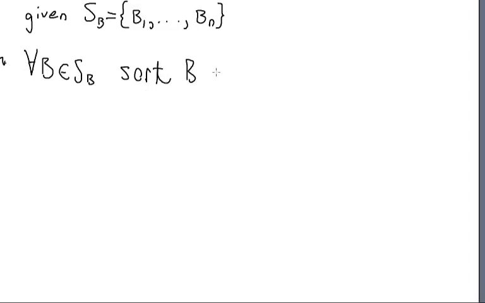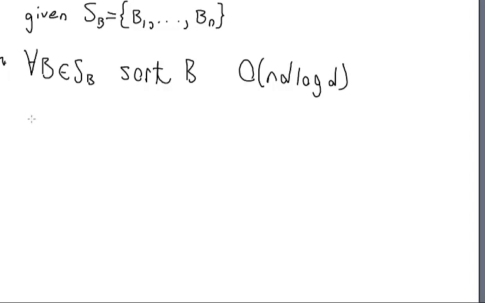And since the size of B is d, there's d dimensions, and the size of S sub B is n, basically we're sorting n times, and it takes d log d to sort. So this costs n d log d.